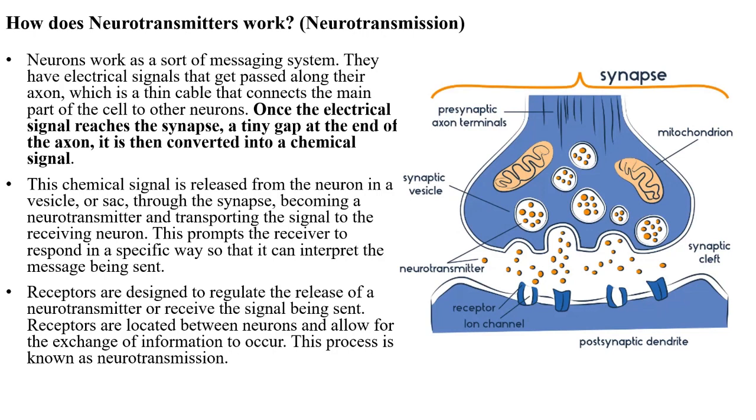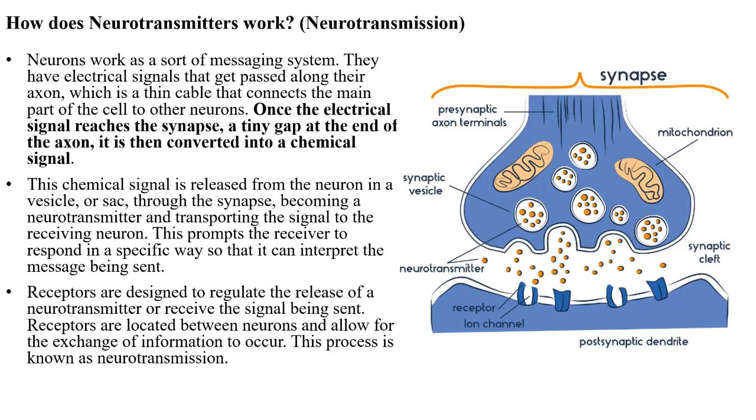It was an electrical signal when it was traveling within the neuron, but as soon as it reaches the synapse, it gets converted into a chemical signal, and then the neurotransmitter gets released.